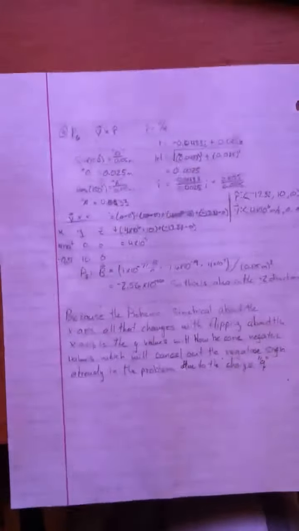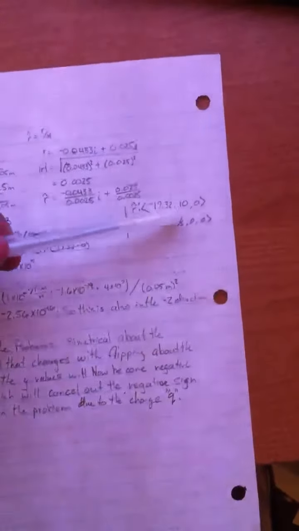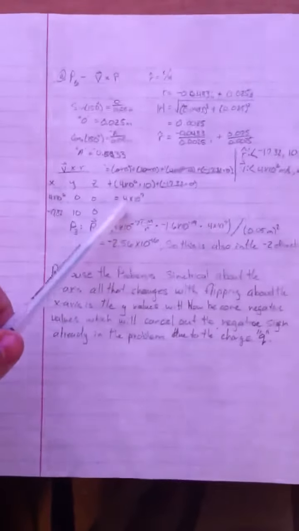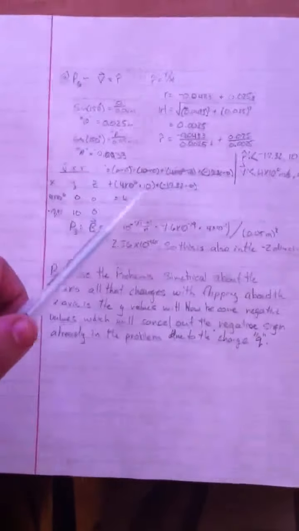After calculating r hat, we find that its x value is negative also. Its components are right here: the x component is negative 17.32, and y is 10, just like last time. Once you get the cross product of that, it ends up being the same as before, 4 times 10 to the 7th.